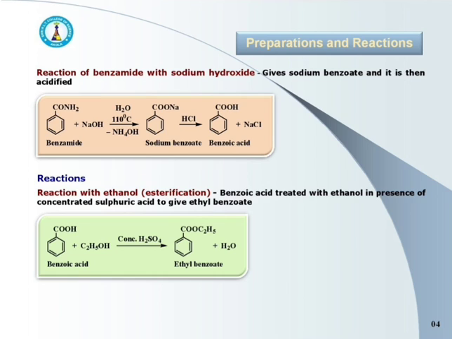Benzoic acid undergoes esterification to form ethyl benzoate. Here, the COOH group present in benzoic acid gets converted to an ester by the process of esterification using alcohol and acid.